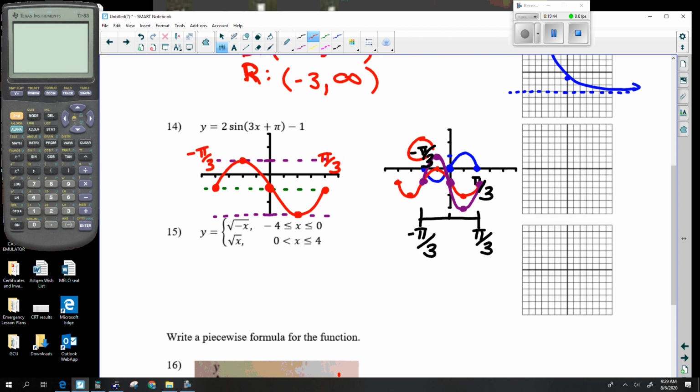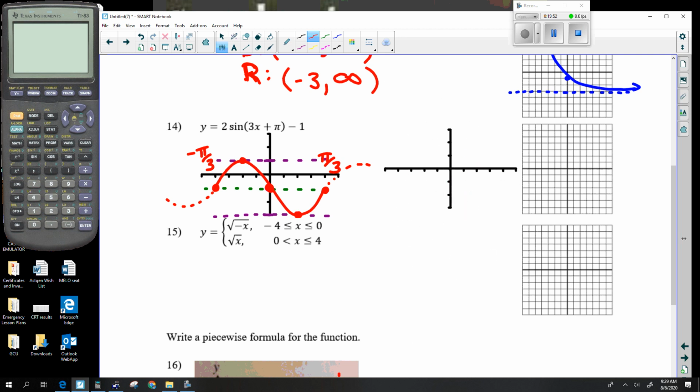Not that it really makes any difference because this technically goes on and on forever. All right, so that is our picture. You can do whatever you want. A lot of manipulations in that one.